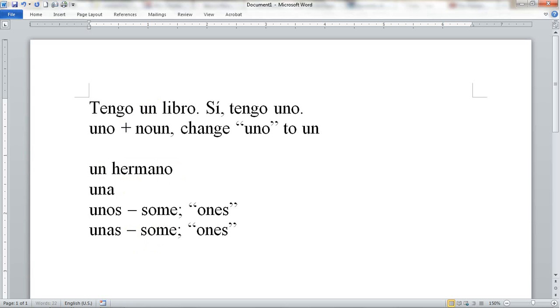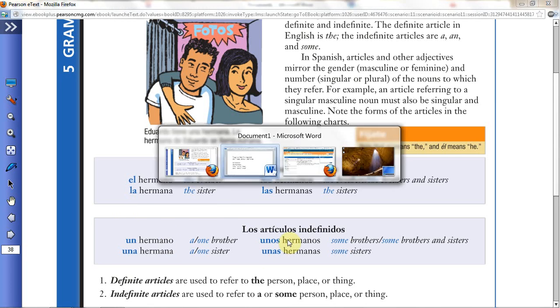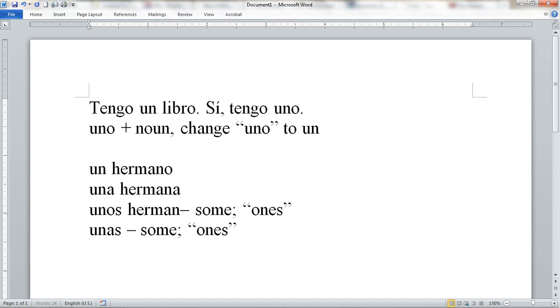It's no problem here, una hermana, we don't need to do anything. Okay, and then unos goes with something plural, like hermanos, plural and masculine, and plural and feminine, unas hermanas.